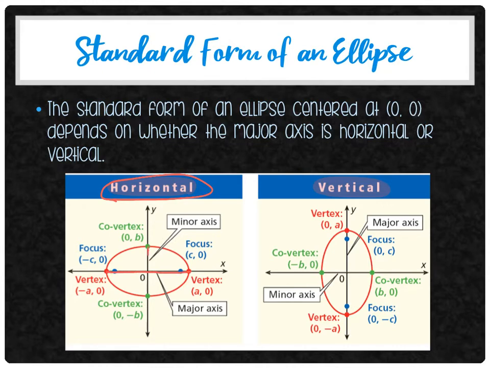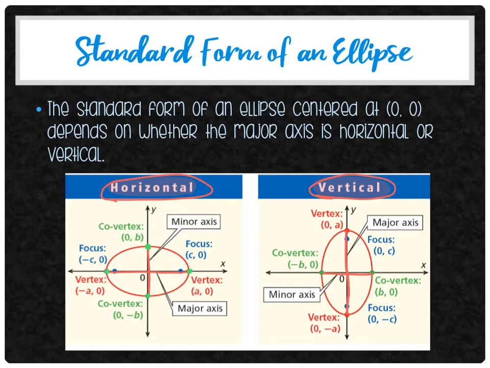And the shorter axis, the minor axis, is the vertical. That's a horizontal one, so it's wider than it is tall. The vertical ellipse is taller than it is wide. So its major axis is the vertical axis, and its minor axis, or shorter one, is the horizontal. They still both have major, minor, where the vertex occurs along the major, the co-vertex occurs along the minor.